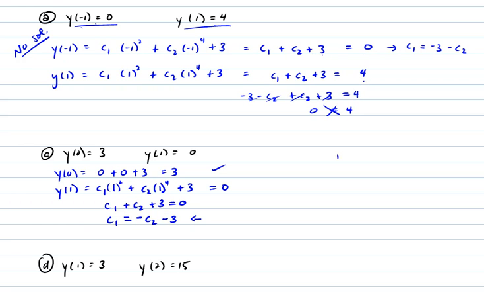So for example, if C2 is 1, then C1 would be -4. Based on whatever C2 is, I get a different value for C1. So there's an infinite number of solutions that pass through these boundary points.